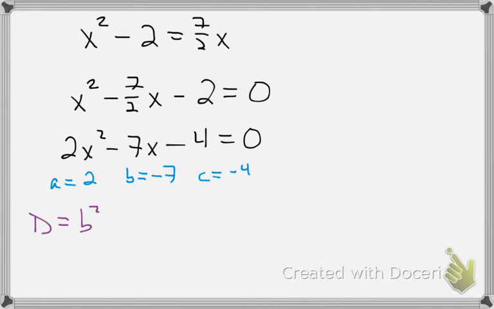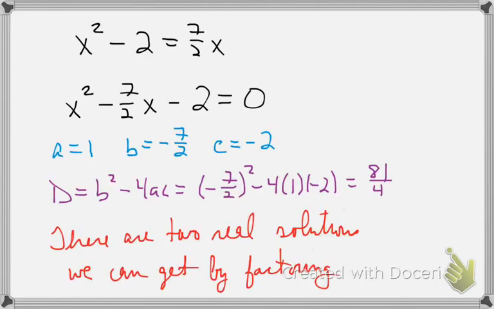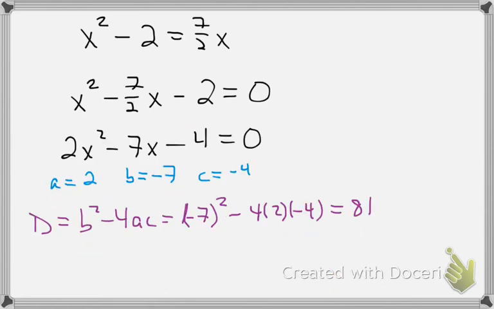So the discriminant, which is b squared minus 4ac, would be negative 7 squared minus 4 times 2 times negative 4. This winds up being 81, which is still a perfect square. So it didn't change the result. What is the result? There are two real solutions we can get by factoring. So why don't we?